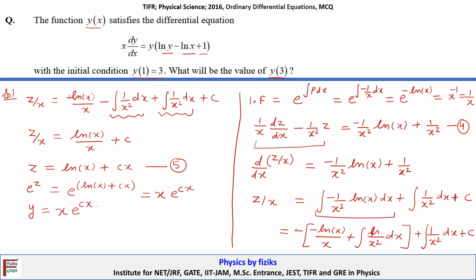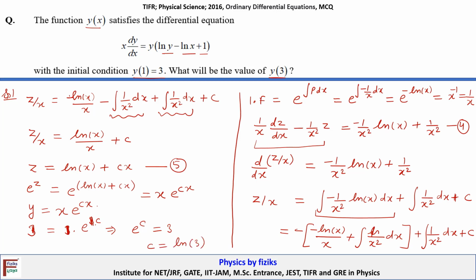Now applying the initial condition that y is equal to 3 at x is equal to 1, we can write e to the power c is equal to 3, and from here we can write c is equal to ln of 3.